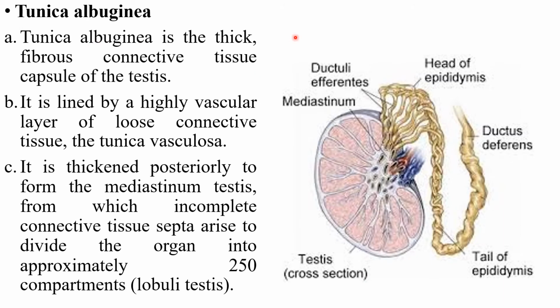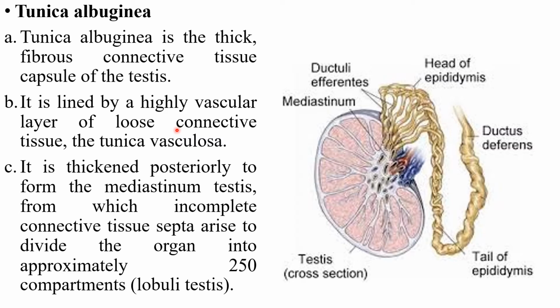The tunica albuginea is a thick, fibrous connective tissue capsule of the testis. So this forms the capsule of the testis. This is lined by a highly vascular layer of loose connective tissue called tunica vasculosa, which is very important for the blood supply of the tunica albuginea.